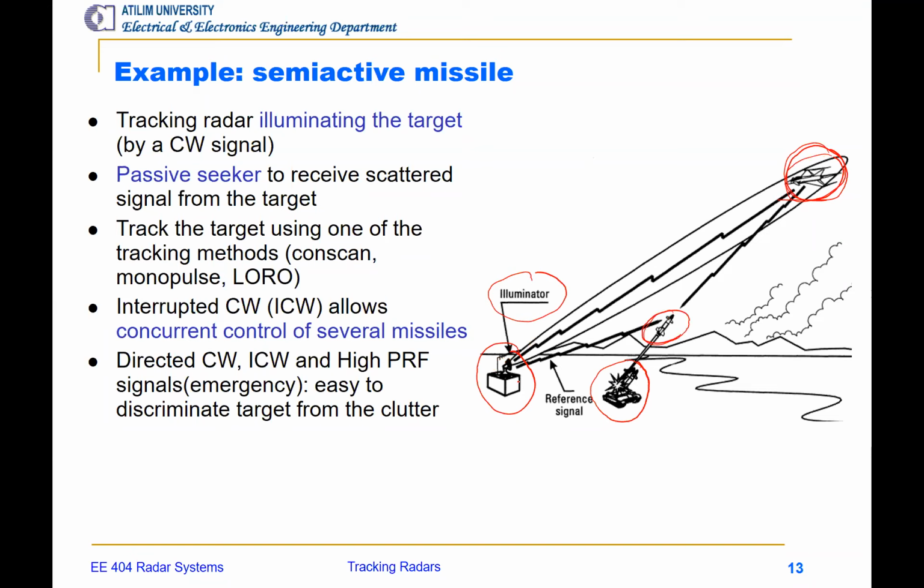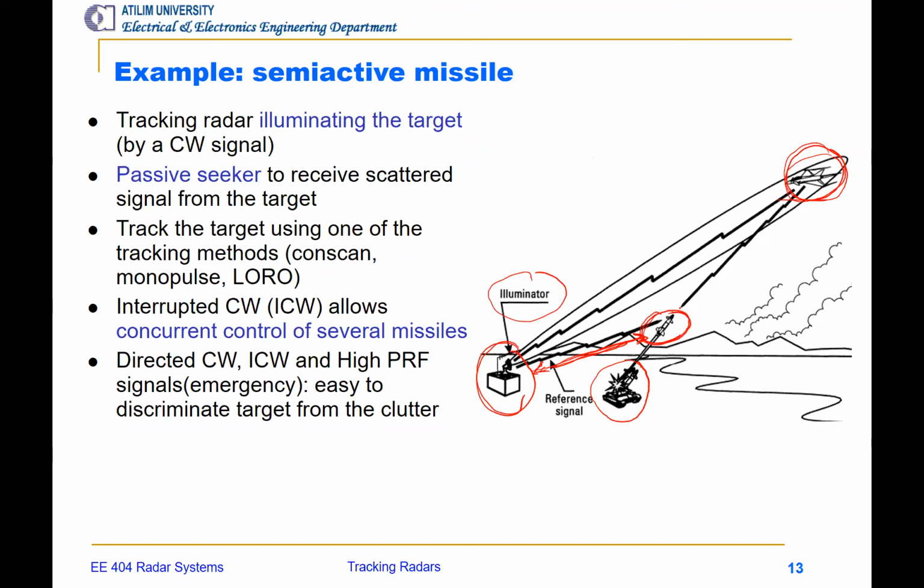Okay, and there is usually a link between the illuminator and the missile, a communication link. So it's just like a radio link or telecommunication link, which gives some reference signals from the illuminator. So they're coordinated.